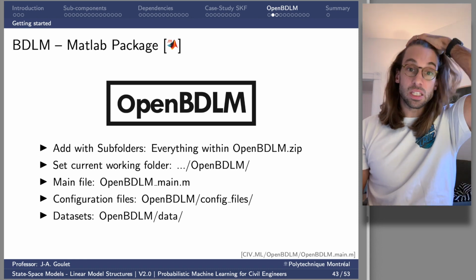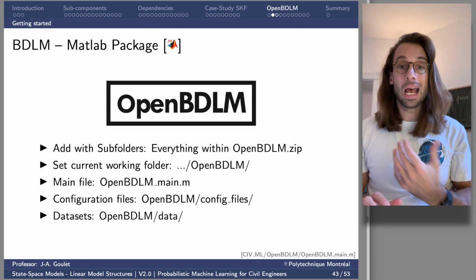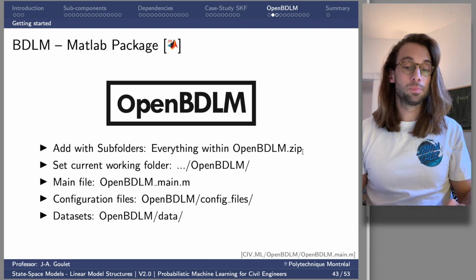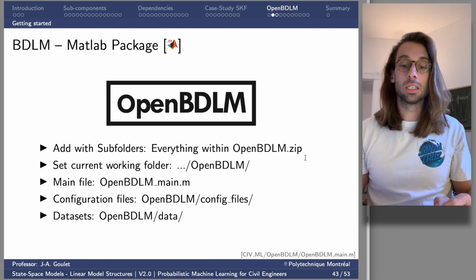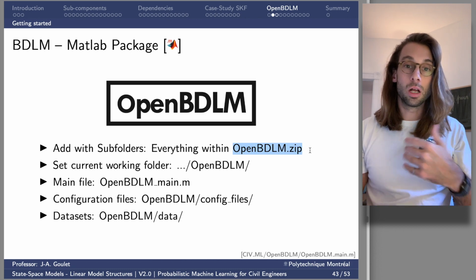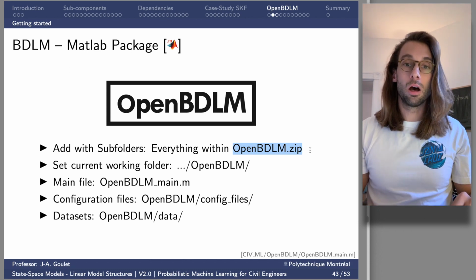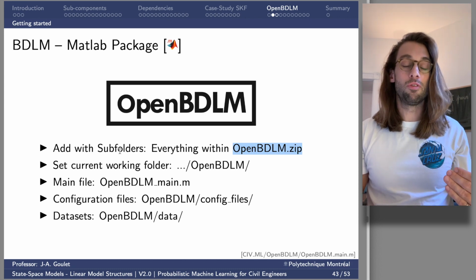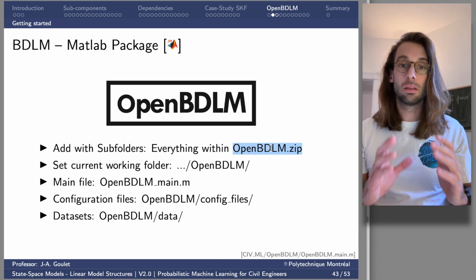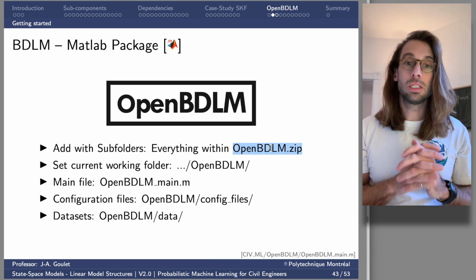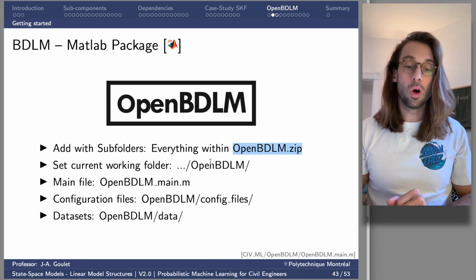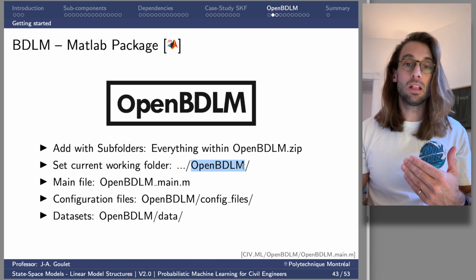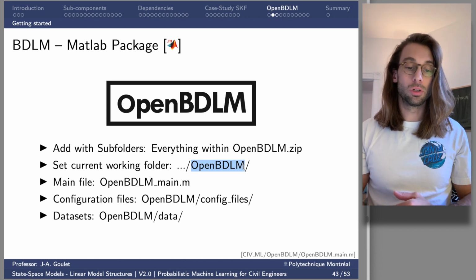So OpenBDLM is available on GitHub. You can go and download that package. It's in MATLAB. So the way you use it is that you download the folder openbdlm.zip, you unzip it, you put it somewhere on your computer, and in MATLAB you do add with subfolders for everything in that directory. Then you set your working directory to OpenBDLM, the main folder where all the subfolders are.